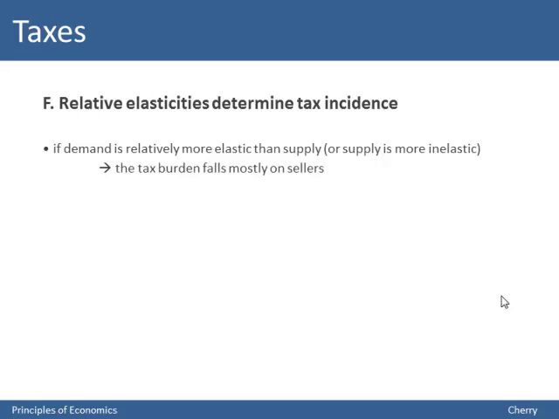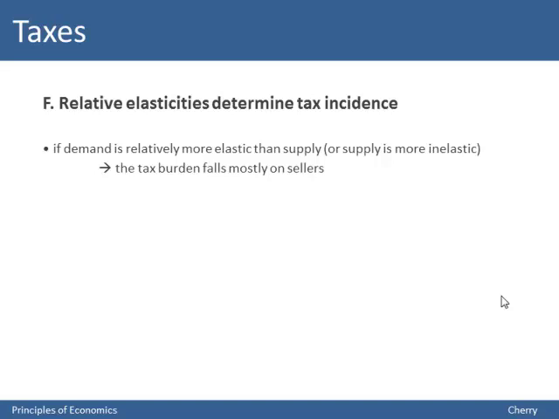So more generally, what we're talking about is if demand is relatively more elastic than supply, and another way to say this is supply is more inelastic than demand, then the tax burden is going to fall mostly on the sellers. So think about that for a second. It should make some intuitive sense. If demand is more elastic than supply, that implies that the buyers can more easily avoid that purchase or that transaction than the sellers.